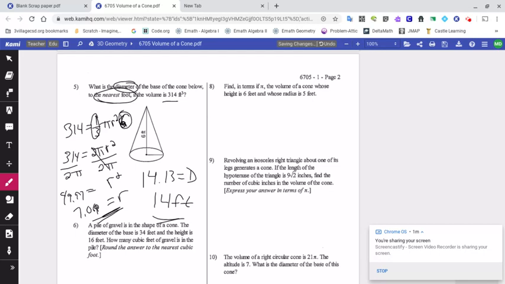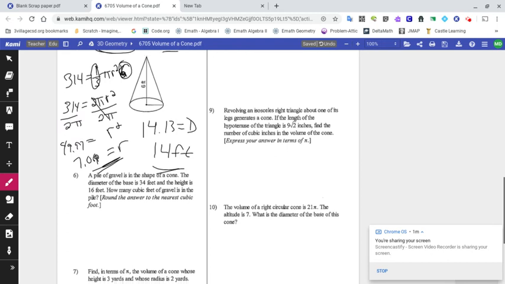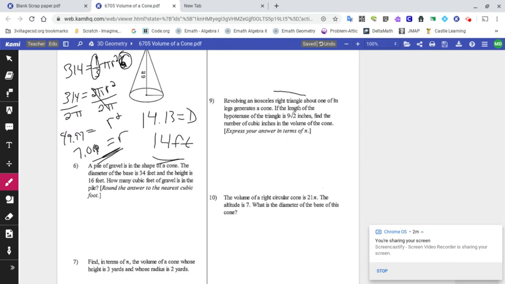That's number 5. The next one was number 9. Revolving an isosceles right triangle about one of its legs generates a cone. So I've got this isosceles right triangle, and the length of the hypotenuse is 9 radical 2.